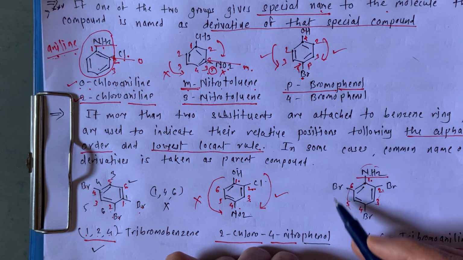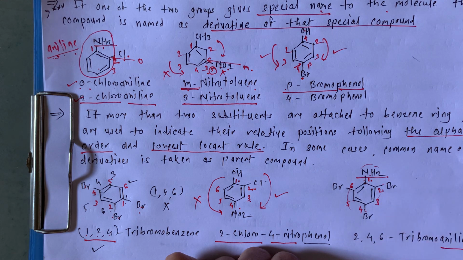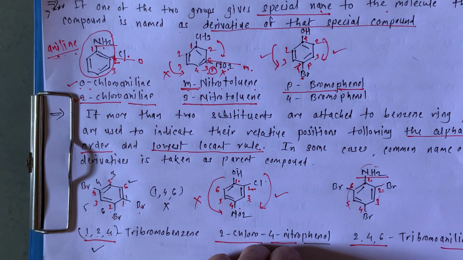Here if you go anti-clockwise, again this is 1, 2, 3, 4, 5, 6. So both the way it is same. So this is 2, 4, 6-tribromoaniline.